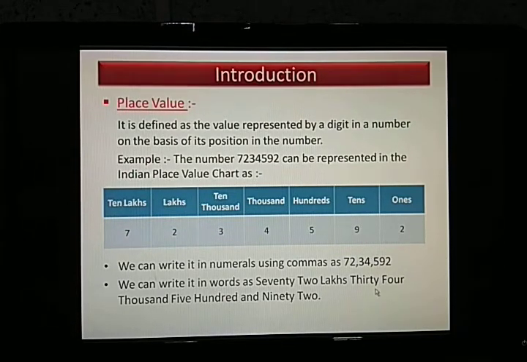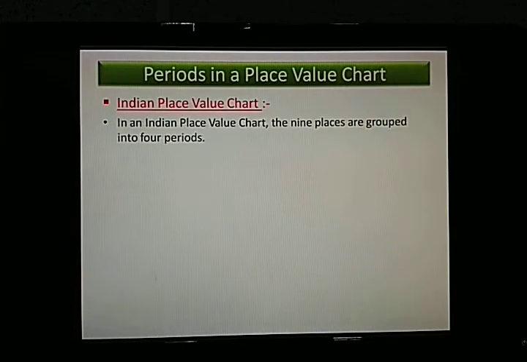So moving on. Next is the periods in the place value chart. What are the periods? How many periods are there in the place value chart? We are discussing about the Indian place value chart. Remember that. So in the Indian place value chart, there are 4 periods.